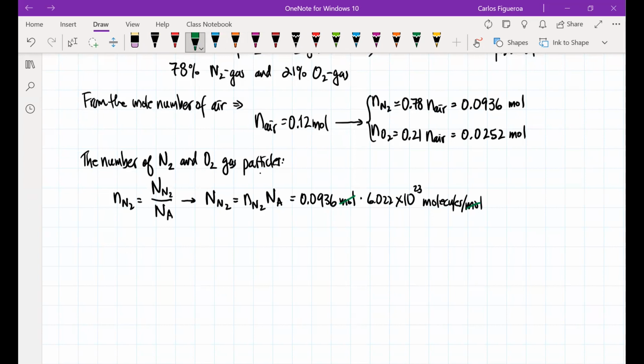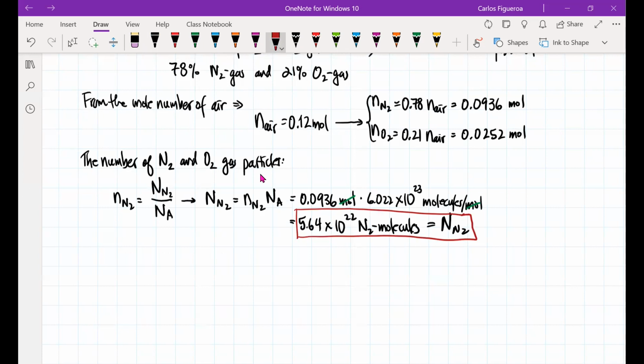Then I have 5.64 times 10 to the 22 N2 molecules. So I now know what it is for nitrogen.